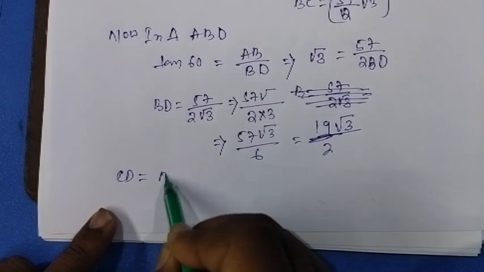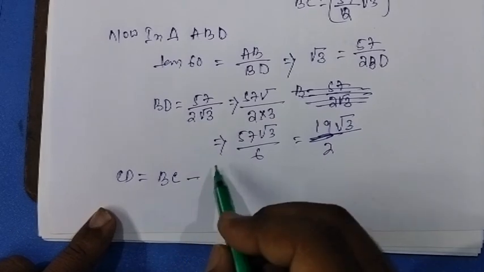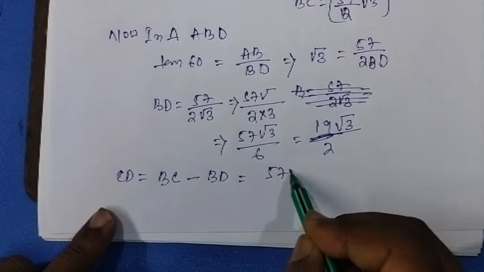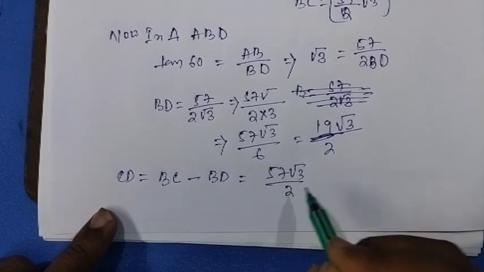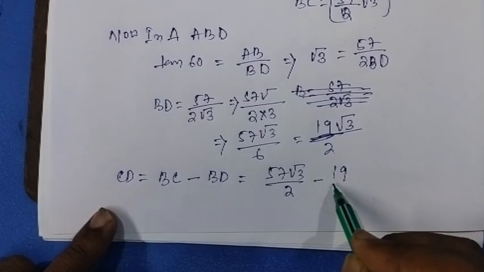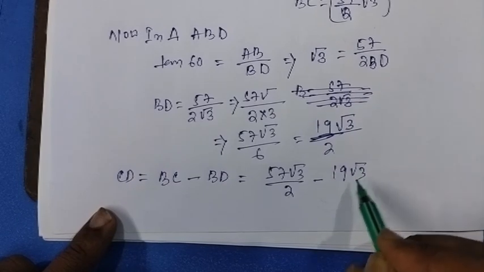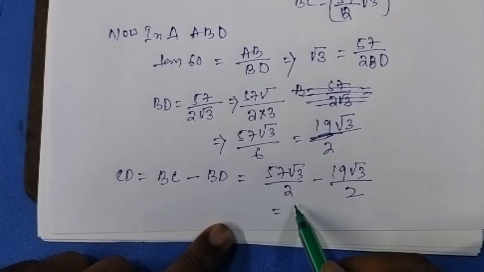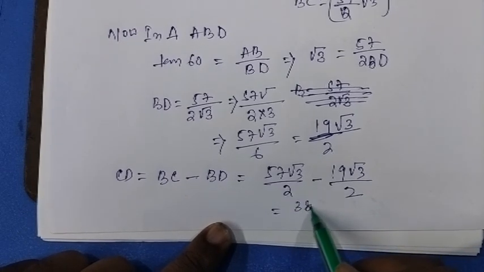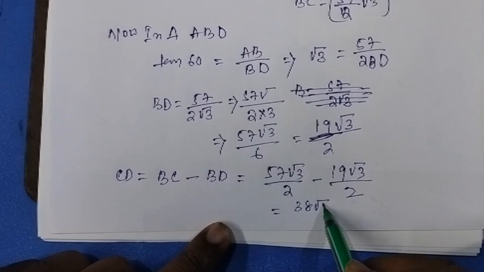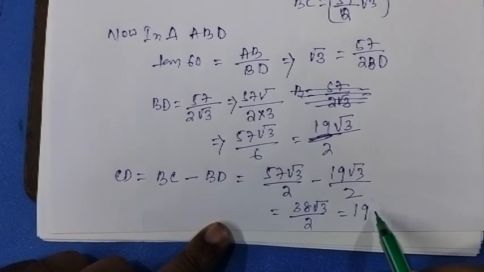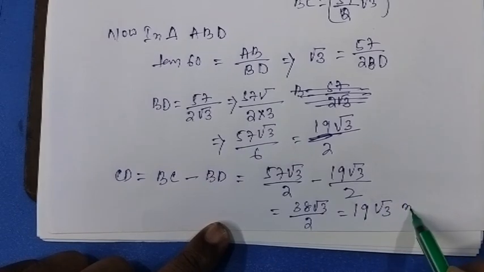CD is equal to BC minus BD, that is equal to 57 root 3 by 2 minus 19 root 3 by 2, that implies 38 root 3 by 2, that implies 19 root 3 meter.